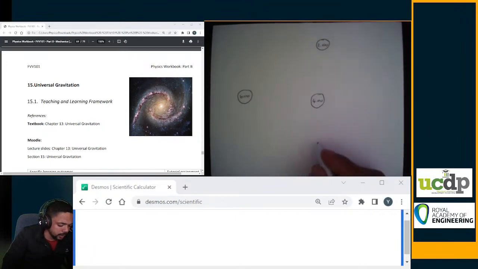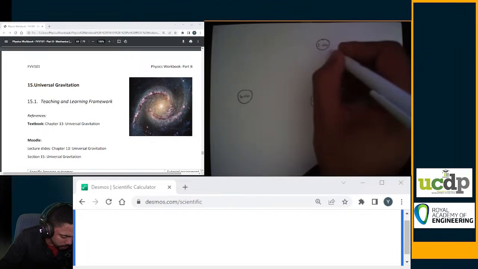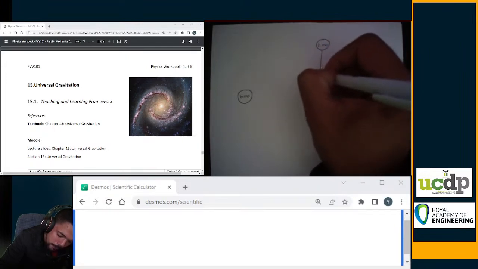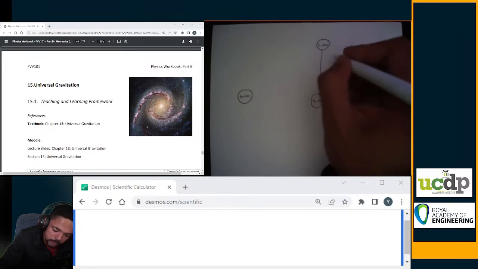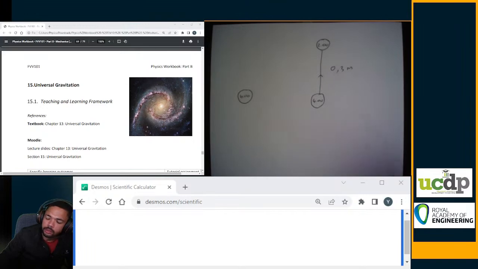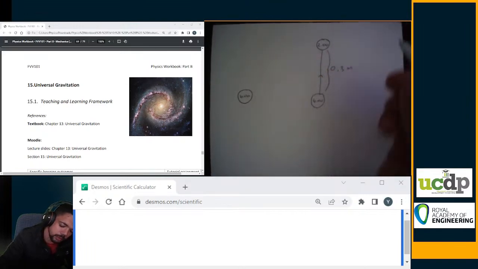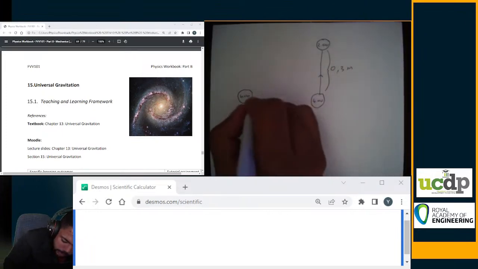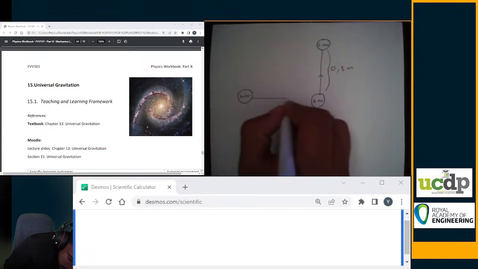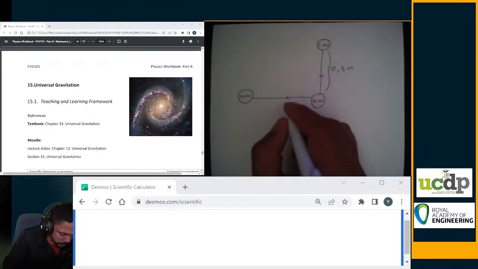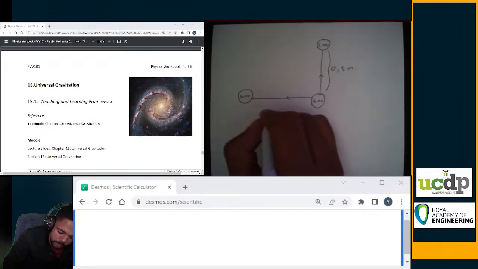The distance between these two is 0.3 meters. And the distance between these two is 0.4 meters.